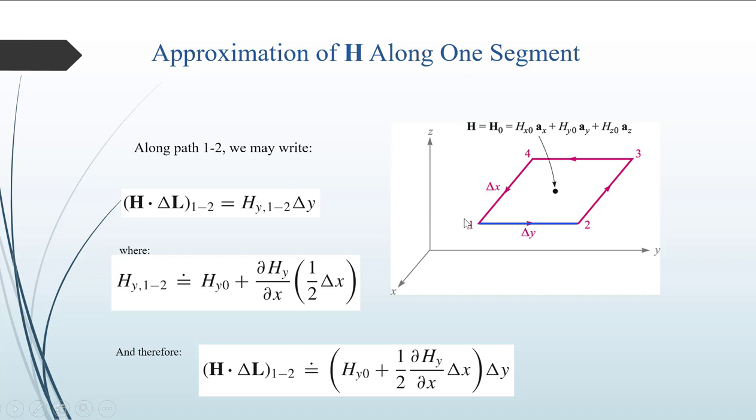So along path 1 to 2, this path is change in y. So we are calling this length delta y. If I take H and the dot product with the length of this path, that is delta y, then I will get H bar dot dl bar for path 1 to 2 is equal to, along this path, H will have a component of hy. So it is hy for path 1 to 2 into delta y.